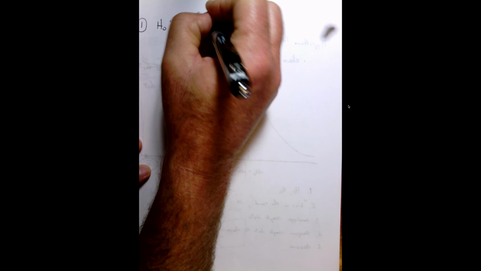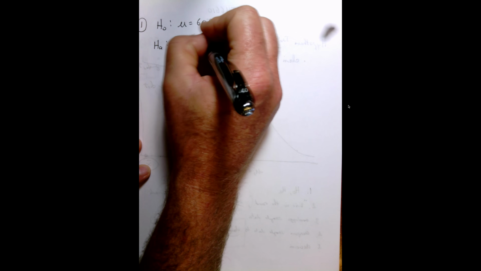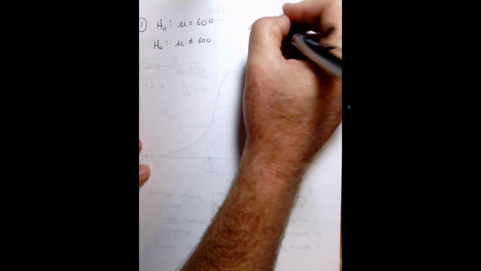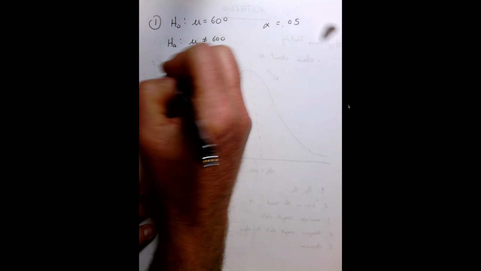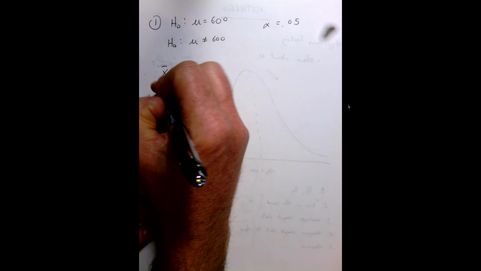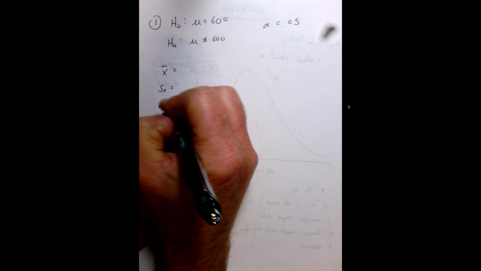So for this problem, we will set our alpha at 0.05, and we'll officially state what we're testing. So we need to get the mean, the standard deviation, and the sample size.